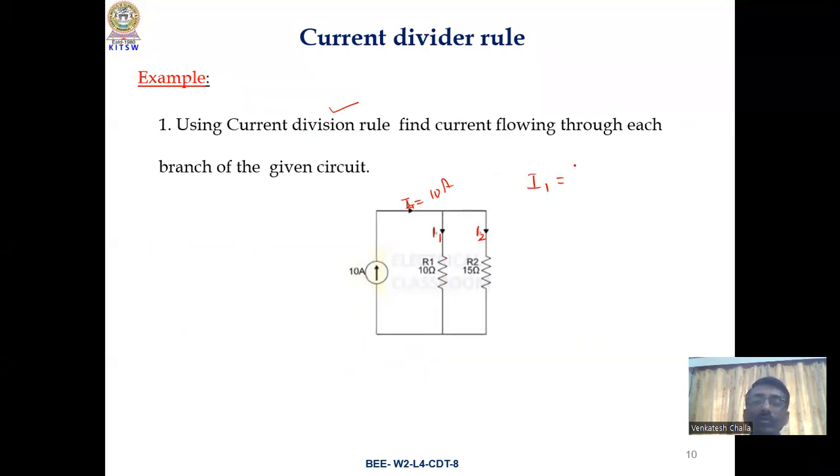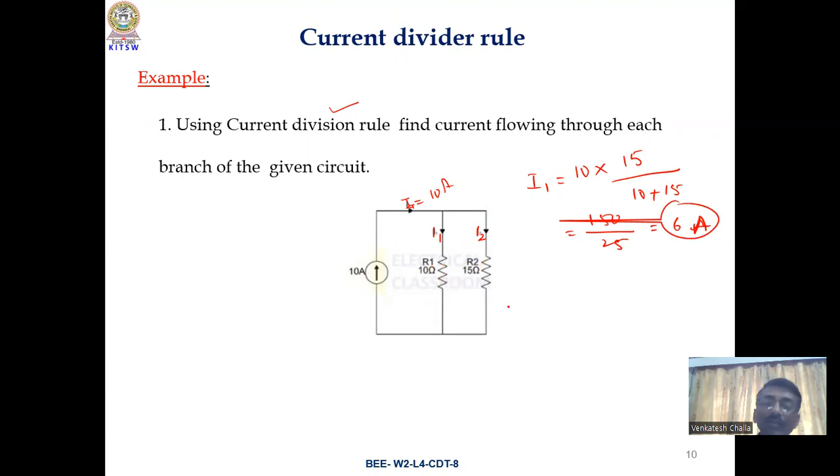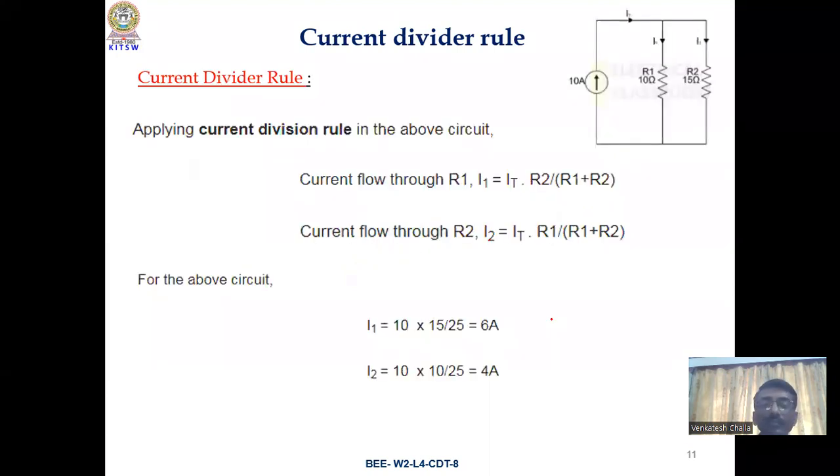I1 will be equal to total current into the resistance in the other branch, 15 ohms, divided by the sum of the resistors connected in parallel, that is 10 plus 15, equal to 150 divided by 25. So that comes to 6 amperes. Similarly, calculate I2. Try this out. Here it is given, I2 is 4 amperes.